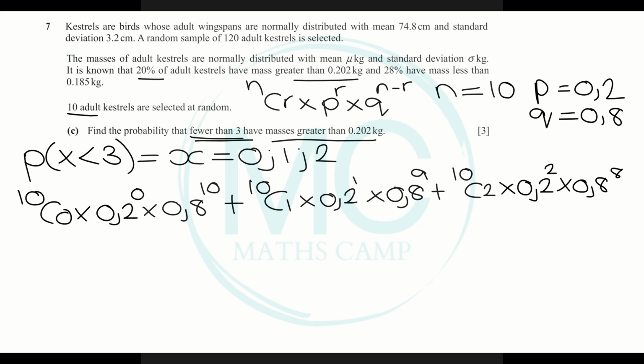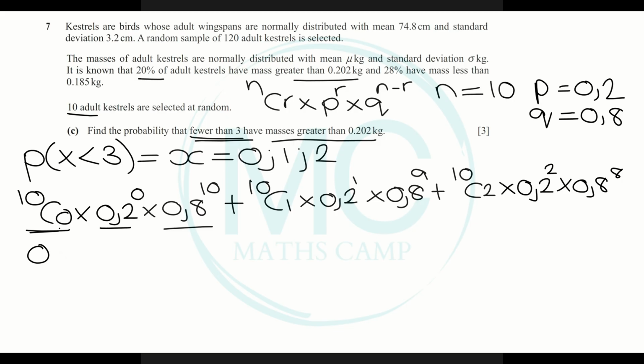Now you can put all of this straight into your calculator, but before we do that, let's just tidy it up a little bit. When working with NCR, if your R value is 0, then NCR is 1. We also know that any value with an exponent of 0 is 1. So now we have 1 multiplied by 1 multiplied by 0,8 with an exponent of 10.